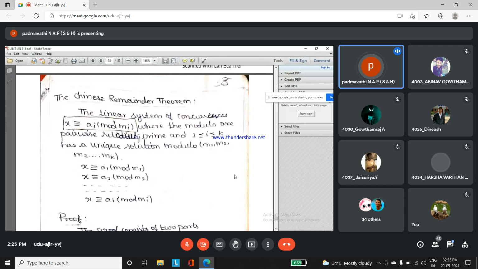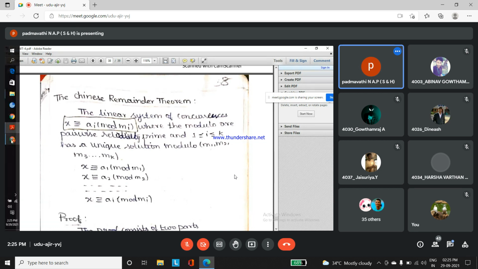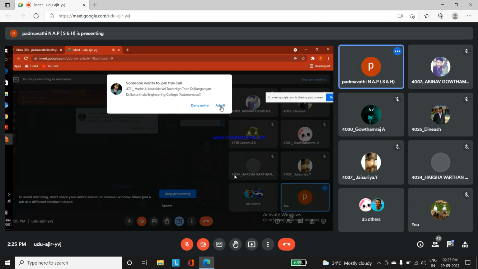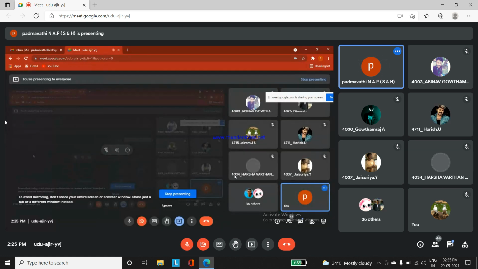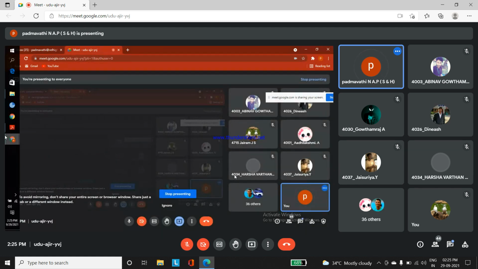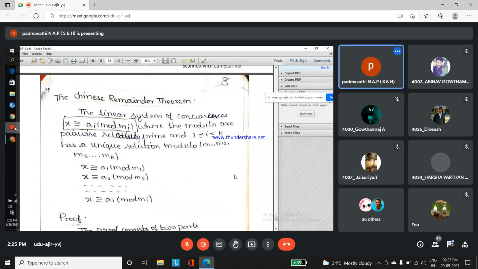Before I enter the problem, let's see the Chinese remainder theorem.